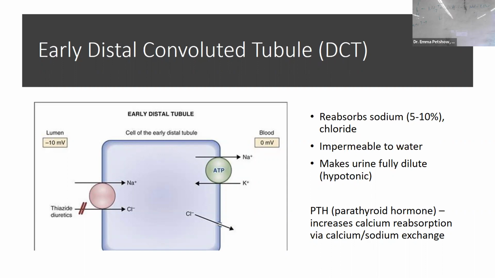So you're not pushing sodium back into your actual lumen. You're reabsorbing calcium in exchange for sodium, but then sodium and chloride get to come through here at the same time. And then here, chloride just goes through passively, and then sodium and potassium have their exchanger. Calcium has its own transporter.